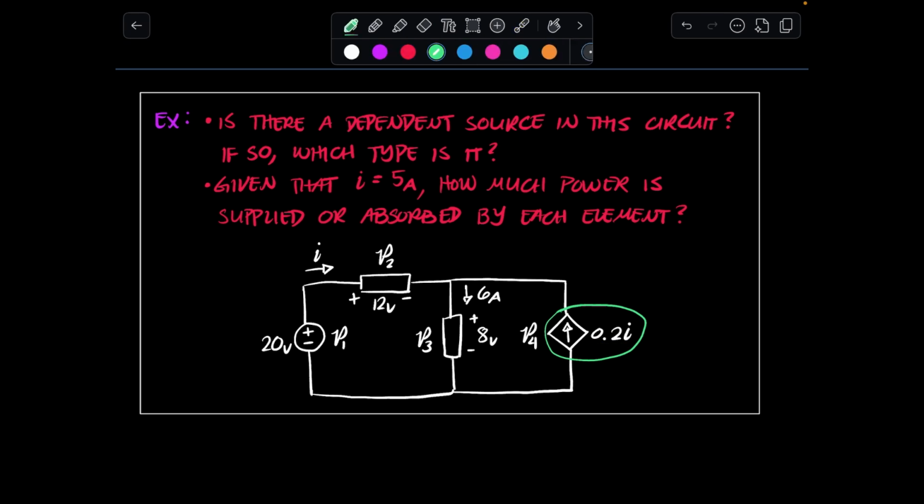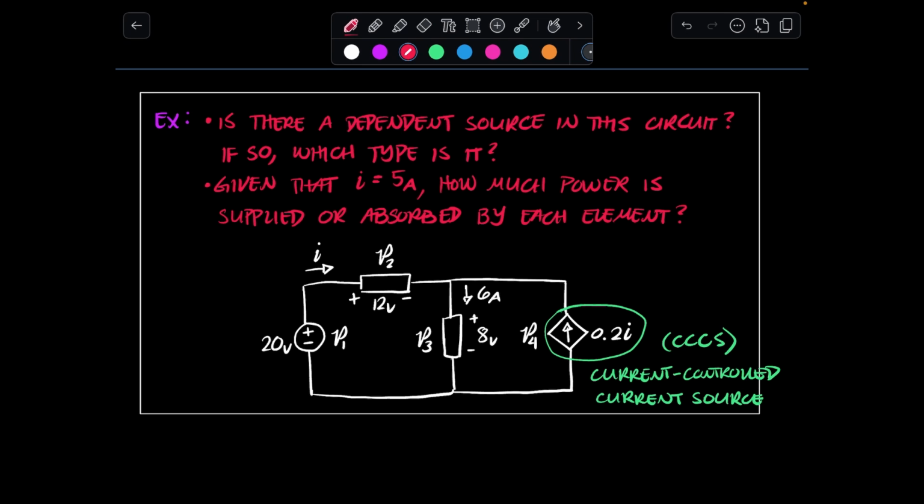Therefore, it is a current-controlled current source, right? Or CCCS.